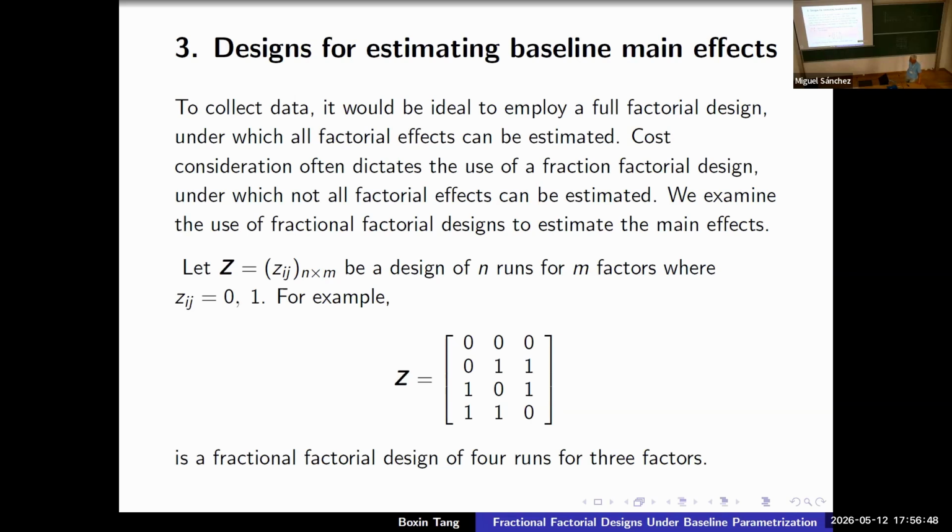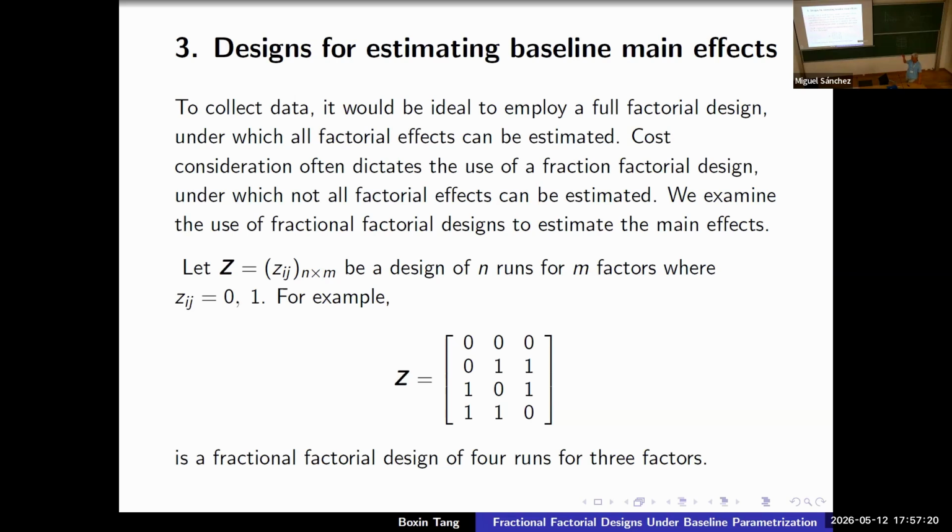And here I give you one example of a design for estimating baseline main effects. It's given by this matrix, where each row represents one experiment or one level combination, and each column represents one factor. So this is a design of 4 runs or 4 experiments for 3 factors.